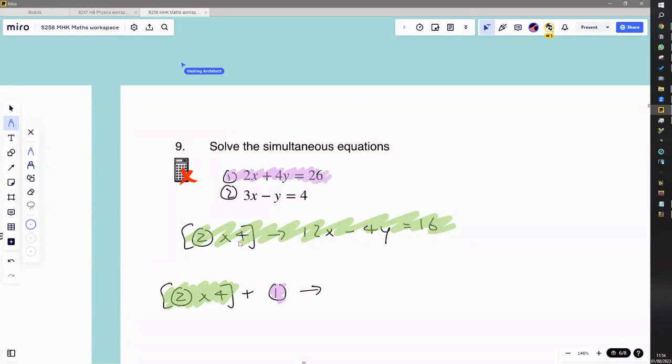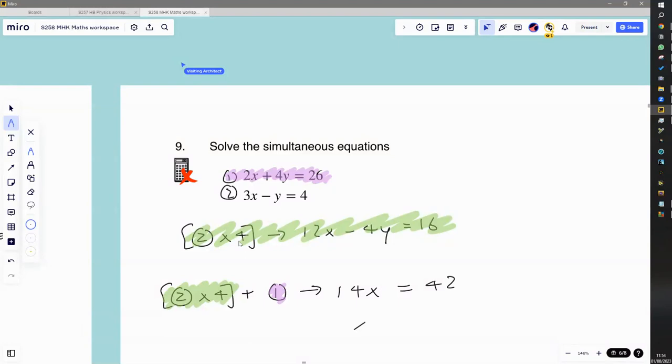So you're less likely to make a mistake, hopefully. So 12x plus 2x is 14x. Then we've got minus 4y plus 4y, so the y's cancel and that becomes nothing. Then we've got 16 plus 26, so that's going to be 42.